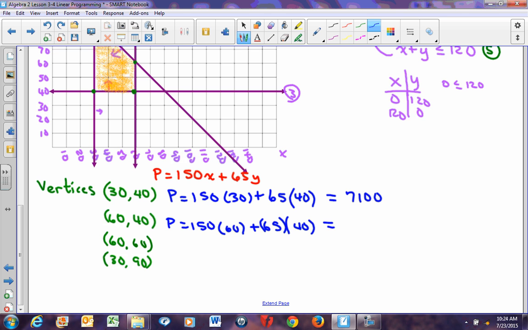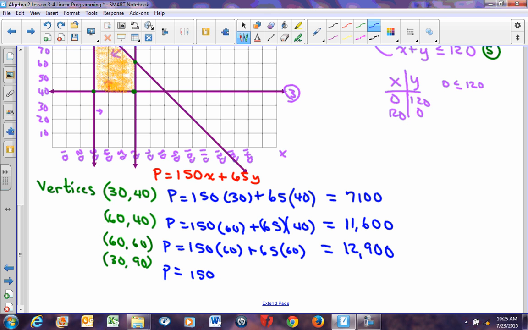Again, put that in your calculator, you're going to get 11,600. Profit equation for number 3 will be 150 times 60 plus 65 times 60. Profit there, 12,900. And last but not least, P equals 150 times 30 plus 65 times 90, which will give me a profit of 10,350.